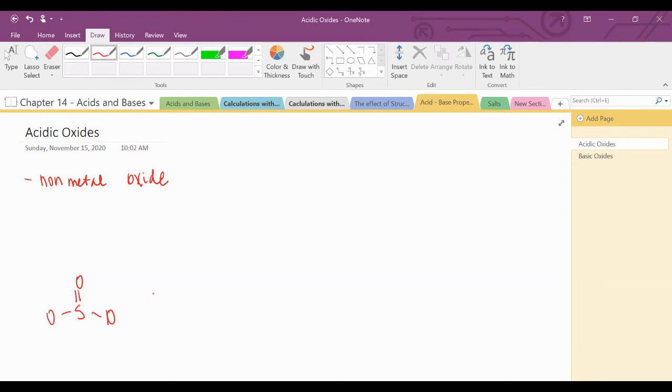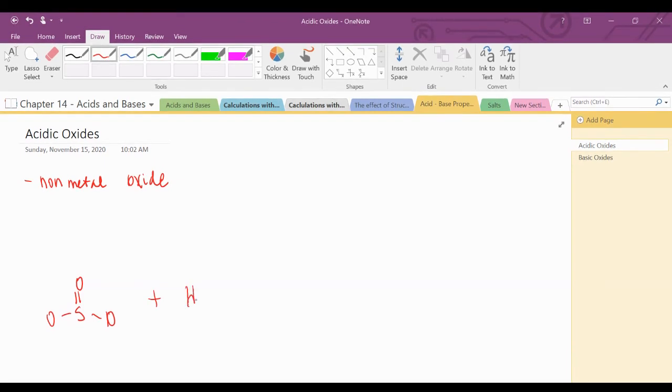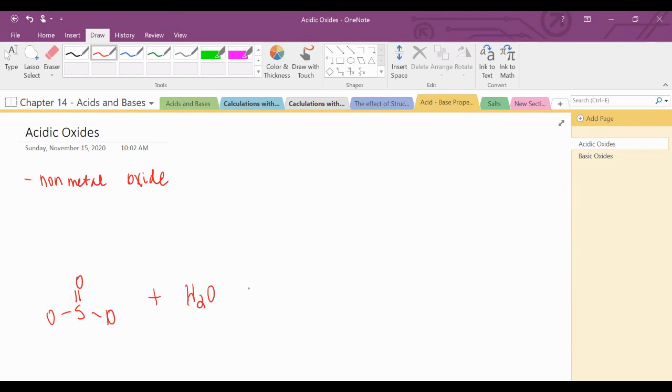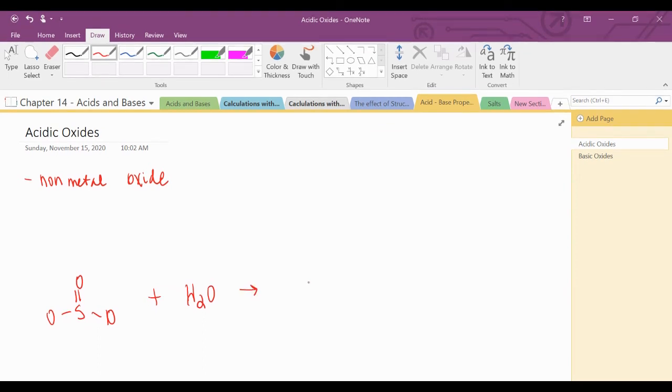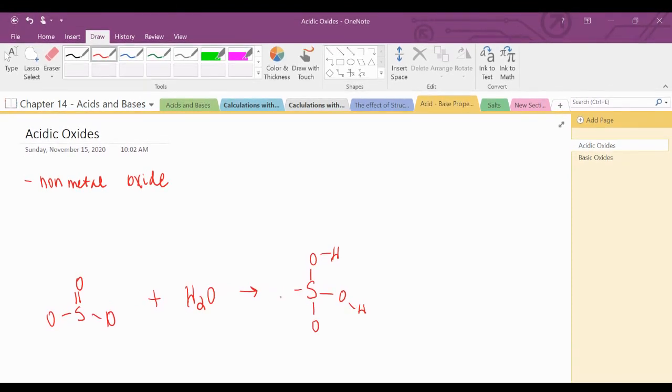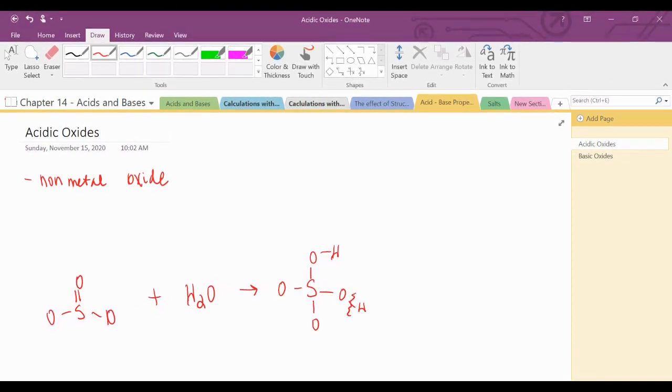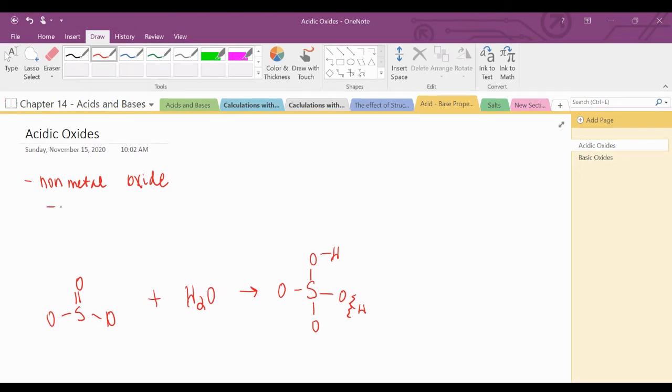What happens to oxides is that they react with water. And in the case of a non-metal oxide, when it reacts with water, we produce an acid. Now again, in order for something to be an acid, we have to be able to break off hydrogens. So let's talk about how we're able to break off this hydrogen. Sulfur has a high electronegativity.